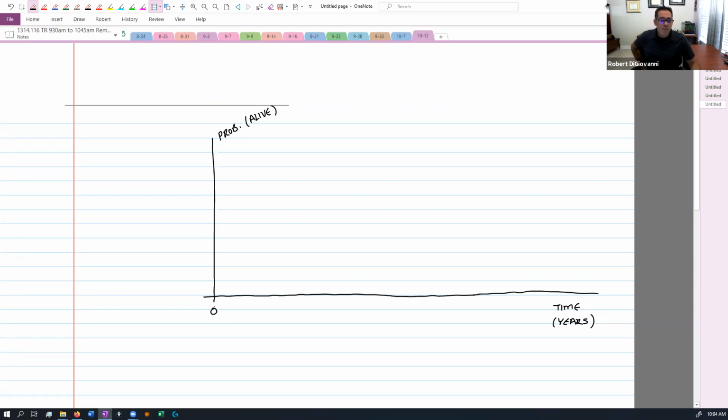So what is the probability in general? Just in general, what is the probability going to do as we move to the right on this? So as time goes on, what is the probability that somebody is alive? What does it do? Decreases. It decreases.